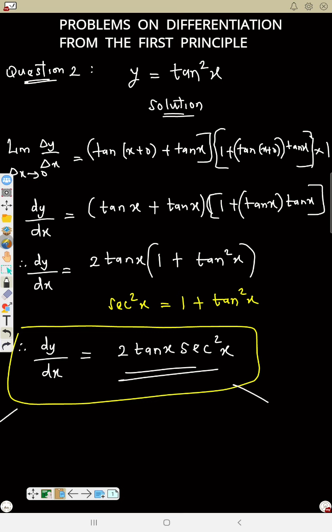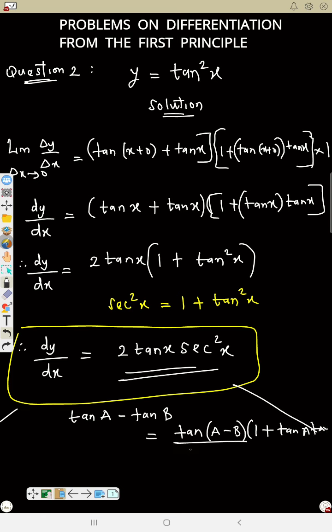Let me show that part again. So we use the identity tan a minus b to be equals to tan a minus tan b over 1 plus tan a tan b.